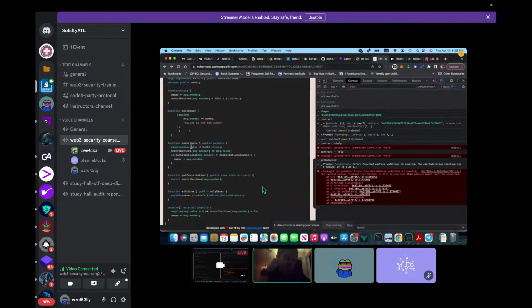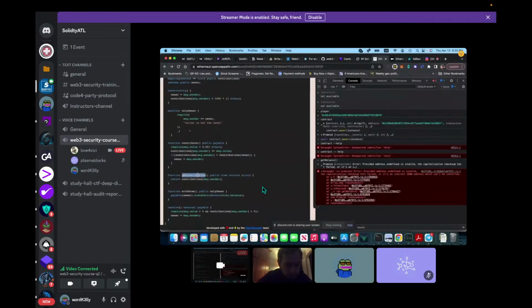Does that make sense? Yep. So now with that said, can you think of any potential other ways that owner is equal to message.sender? Are there any other functions in this contract that you could potentially call?